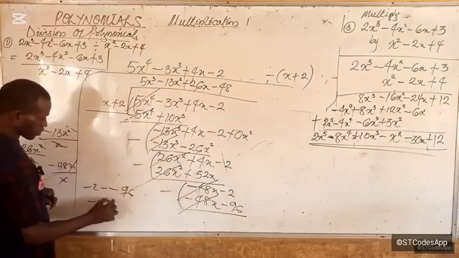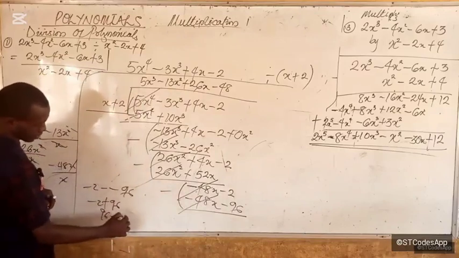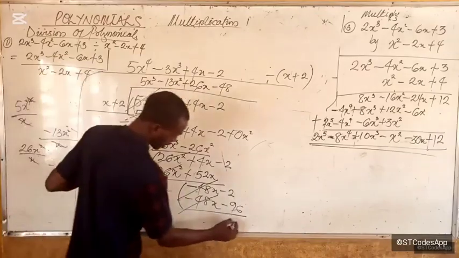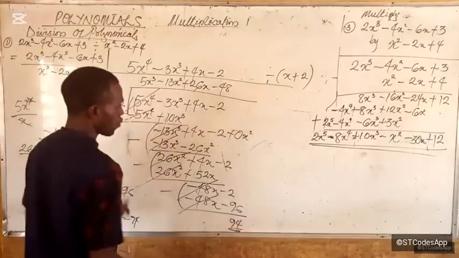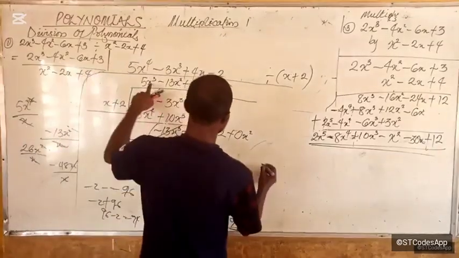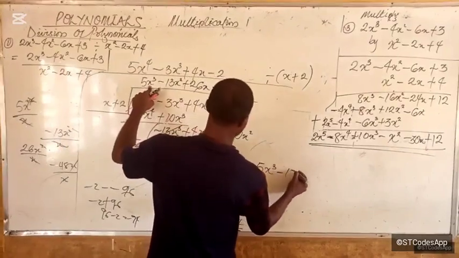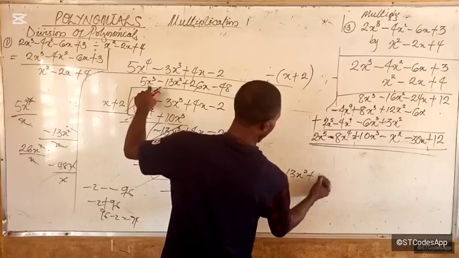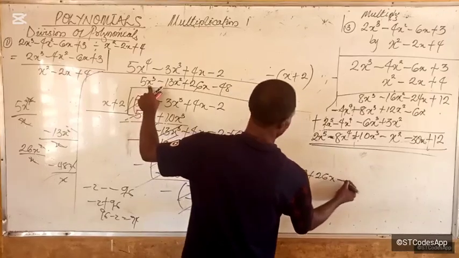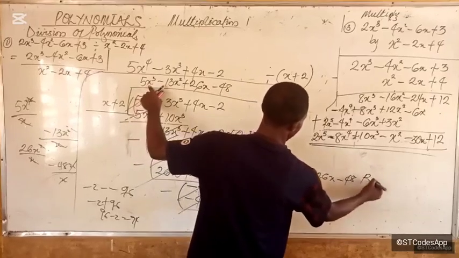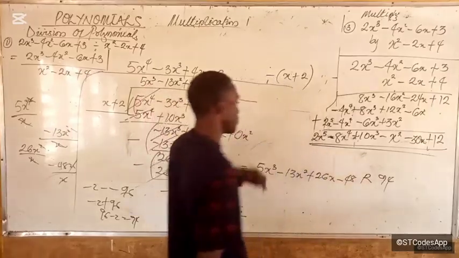Have minus 2 plus 96. That's usually 96 minus 2. That's what? 94. So our answer is the quotient 5x raised to the power 3 minus 13x squared plus 26x minus 48, remainder 94.